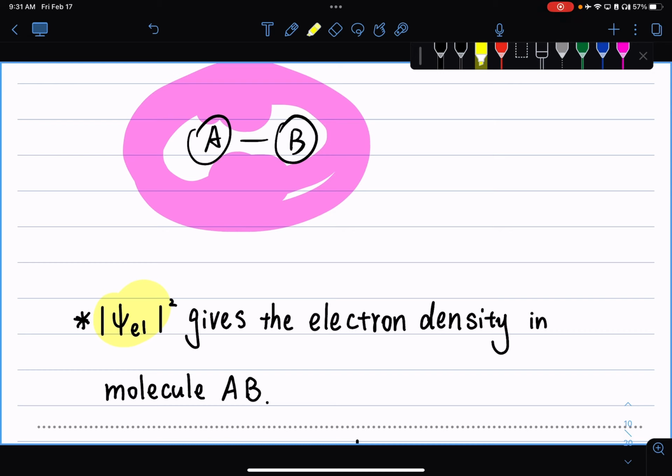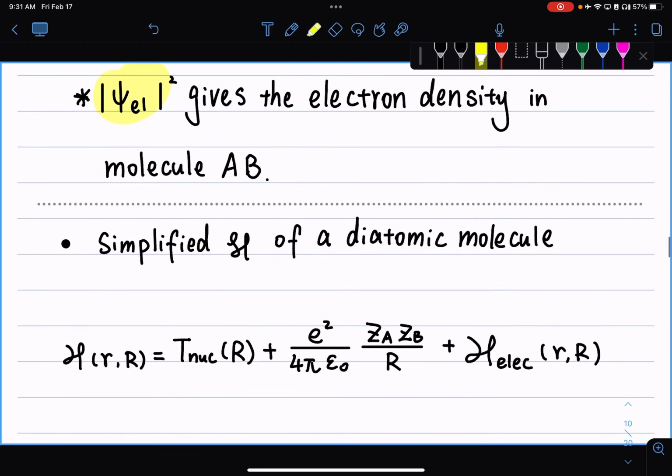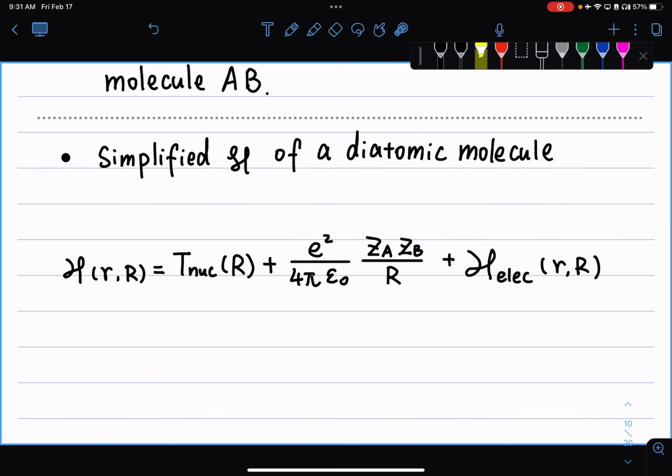All right, so a result of the Born-Oppenheimer approximation is that we can simplify the Hamiltonian for a diatomic molecule. So here's a simplified version of it. You don't need to remember it, you just need to know the physical meaning of each term here.